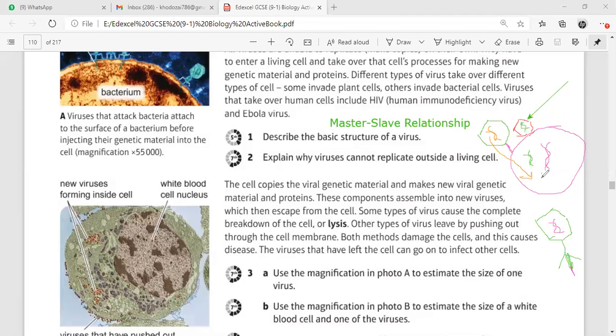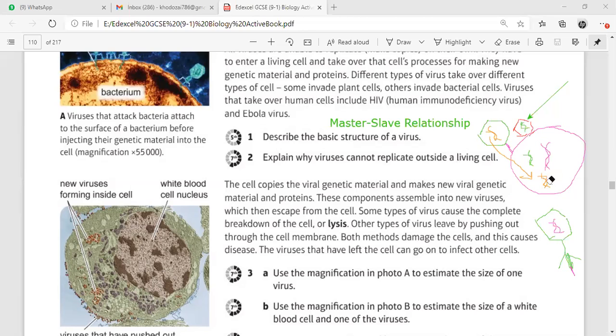Did you understand? The protein coat cannot enter into the host cell. Please make note of this, okay? Once a virus infects any host cell, it transfers its genetic material, either RNA or DNA, into the host cell.